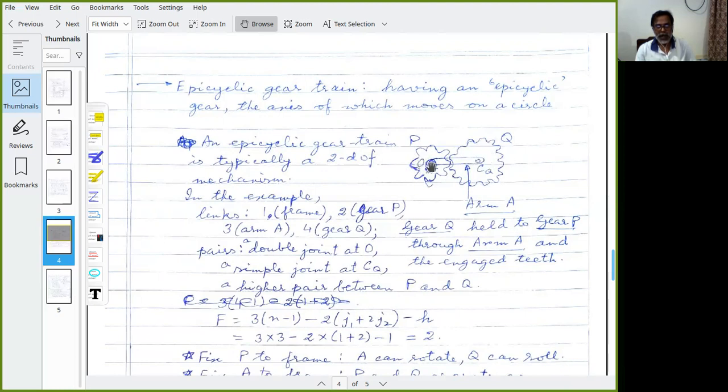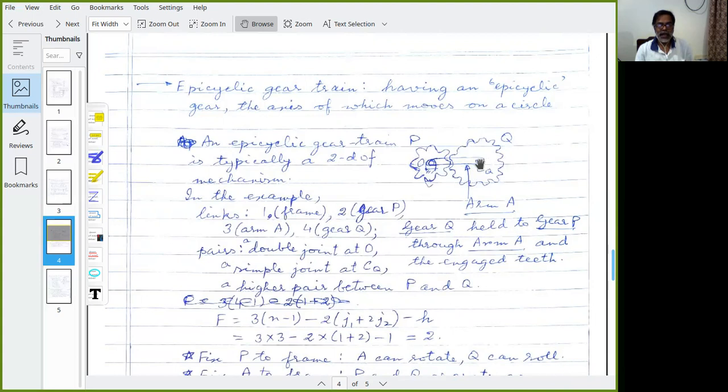Now, how many links are there? One is the frame, second is gear P, third is the arm, and fourth is gear Q. And what are the pairs? At O, there is a double joint, because of the frame and gear P, and the frame and the arm.